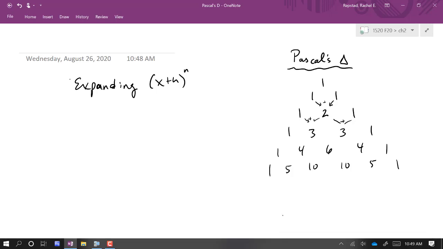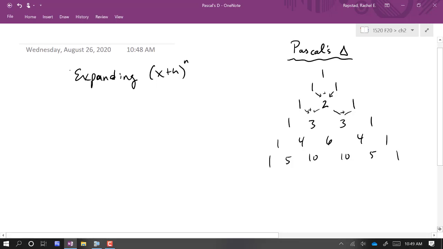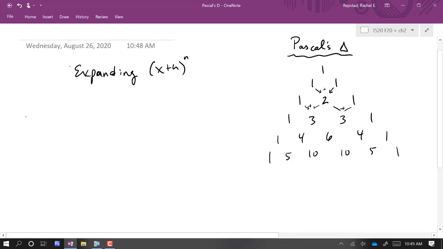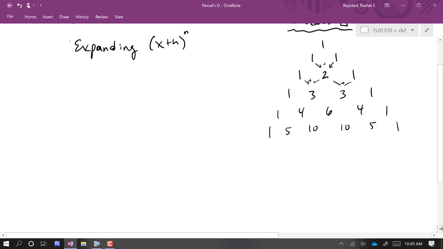So when we expand, let's say I wanted to do x plus h to the 4th power. I'm going to leave space for some unknown coefficients, but I'm going to start with x to the 4th, some unknown coefficient. Now in my next term, I'm going to decrease the power of x by 1 and add in an h to the 1st.